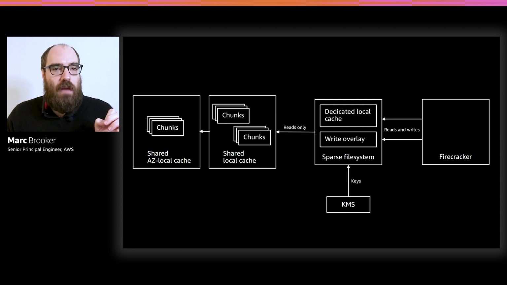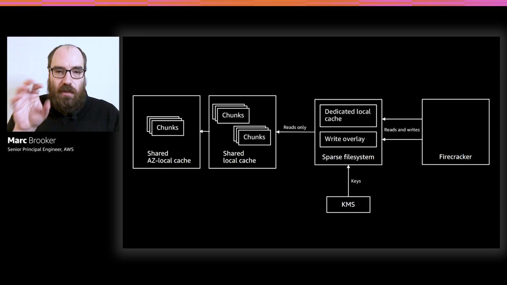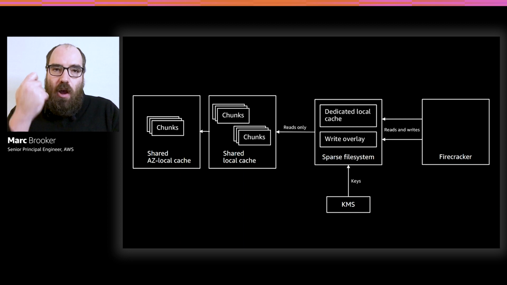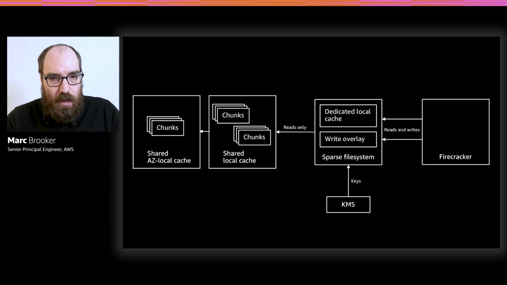Then there's a write overlay, so all of the writes flowing in from your function code through Firecracker are handled here in the sparse file system agent. The sparse file system agent also integrates with KMS, and I'll talk about why that's important later. But that's so it can handle your keys and make sure that it's the first place in the system that has access to the plain text of your data.